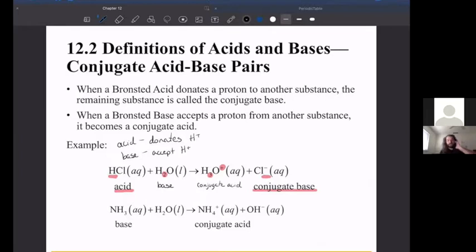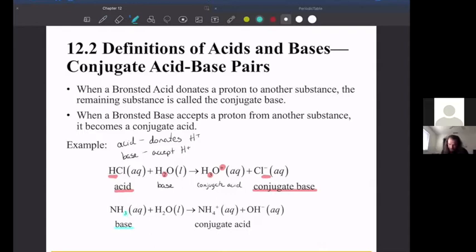Right, so all acids have conjugate bases. Those are just the form after it's lost the proton. And all bases have conjugate acids. That's the form after it's accepted the proton. Okay. If we go on to this next reaction here, now we have ammonia, which we said is a base. So it's going to accept a proton.